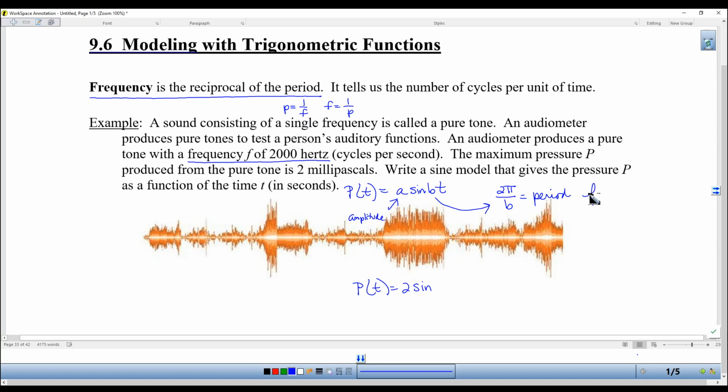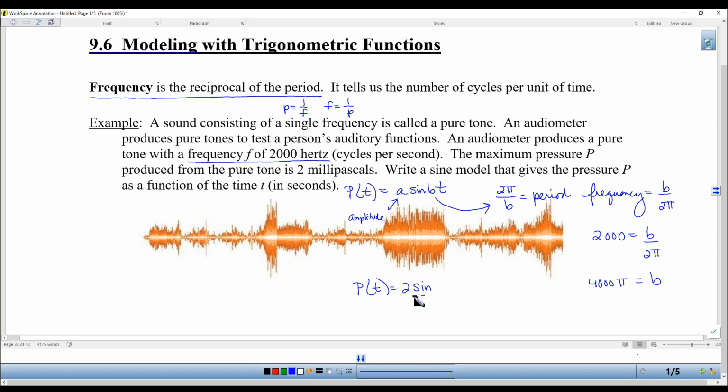So you could say that frequency is B over 2 pi because it's the reciprocal. So since they told us that the frequency is 2000 hertz, B over 2 pi, I can find B. B is equal to 4,000 pi. I got that from clearing the fraction.